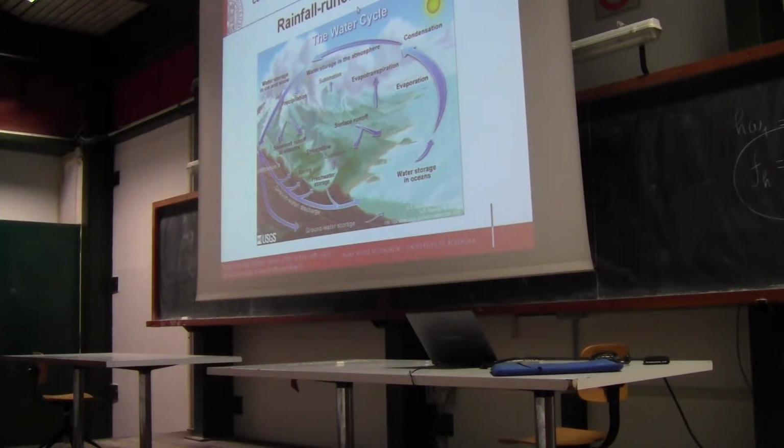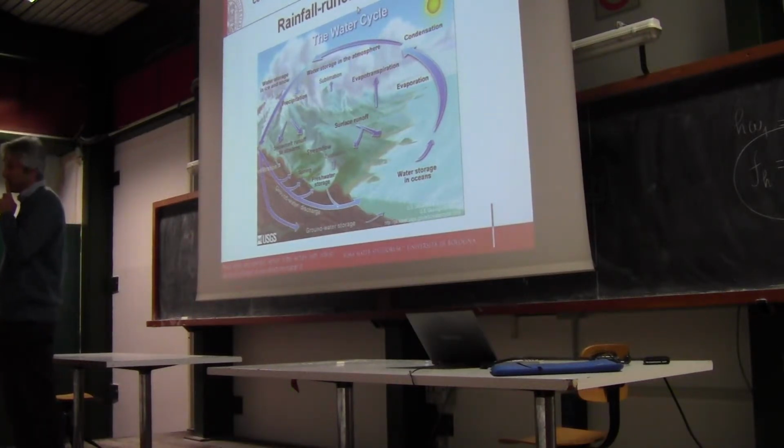So one may say, okay, just give me one equation. It could be, but you have to take into account that in order to simulate the variable you are interested in, which is the river flow, you may need to consider the state of the system. And I want to be clear about this. What does it mean, the state of the system? Think about a river basin, a catchment, and think about rainfall.